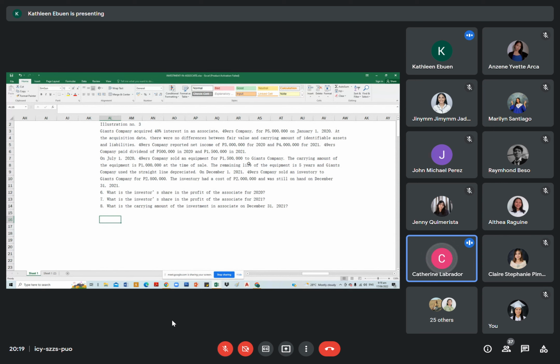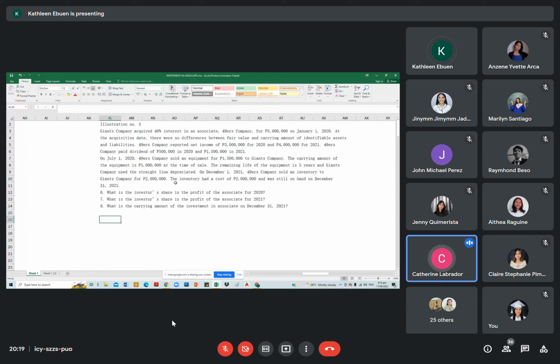The carrying amount of the equipment is 1 million at the time of sale. The remaining life of the equipment is 5 years, and Giants Company used the straight line depreciation. On December 1, 2021, 49ers Company sold an inventory to Giants Company for 2,800,000.